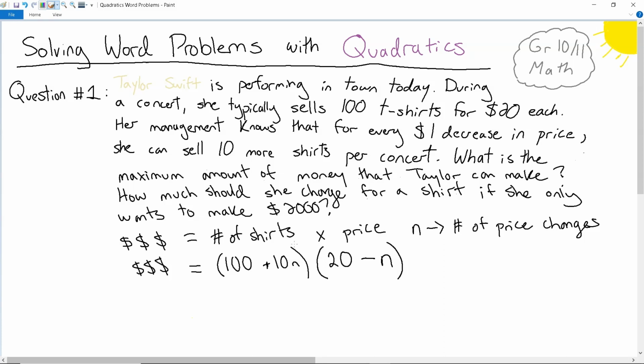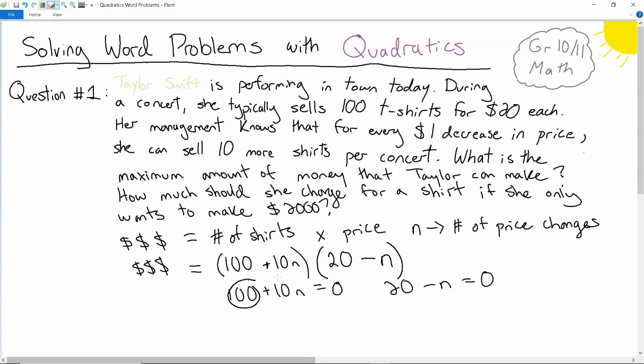So if I take each individual value here, value meaning number of shirts or price, and I set each one to 0, I can actually solve for the zeros in this quadratic. So let's start with this one here.